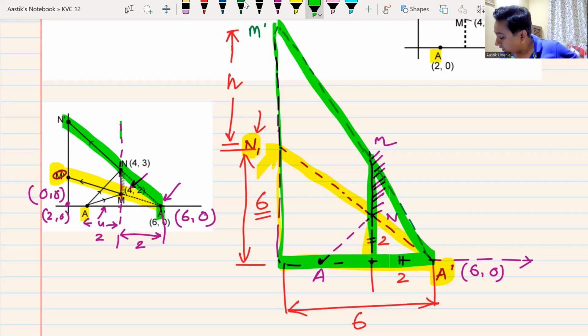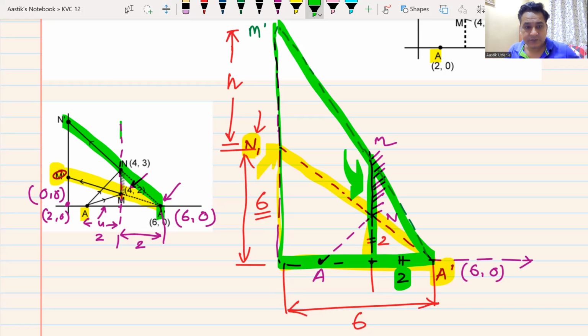In the small green triangle, this is 2. What about this side? The highest point of the mirror. Look at the Y. Look at the X. The highest point of the mirror. Do we get this better?